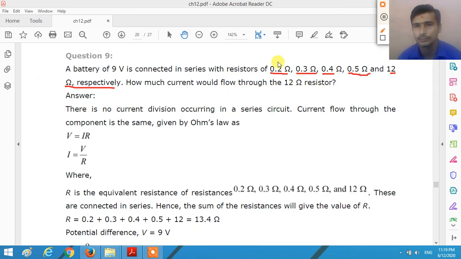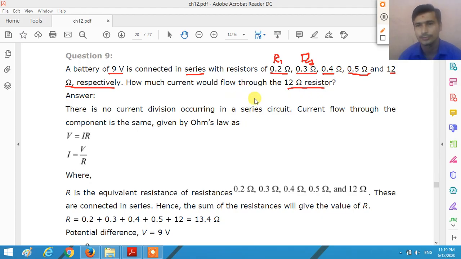So here 5 resistors are given to you: R1, R2, R3, R4 and R5 connected in series with a battery of 9 volt. What would be the current passing through the 12 ohm resistor?